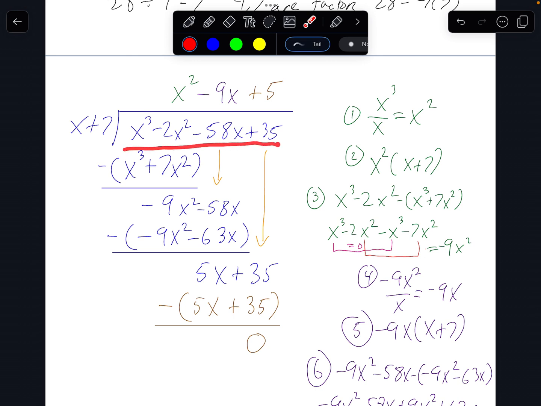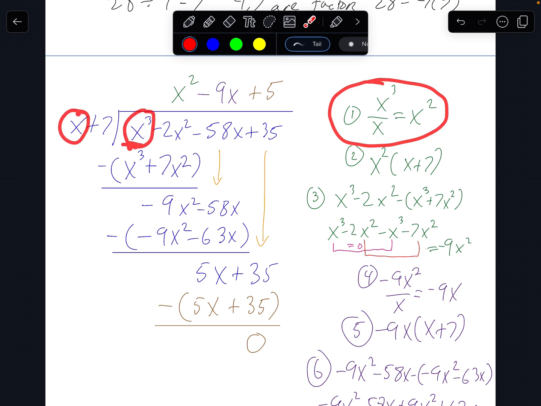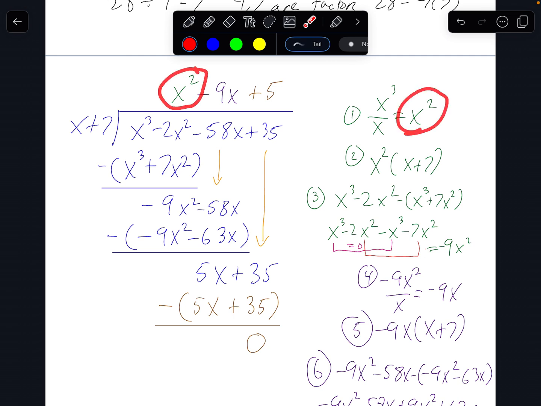We got our original polynomial, f of x, inside. We got our divisor, x plus 7, outside. And we start over here by taking x to the third divided by x, the two leading terms. That equals x squared, and that gets placed up here. The next step is to distribute, multiply x squared times x plus 7. That's right over here.